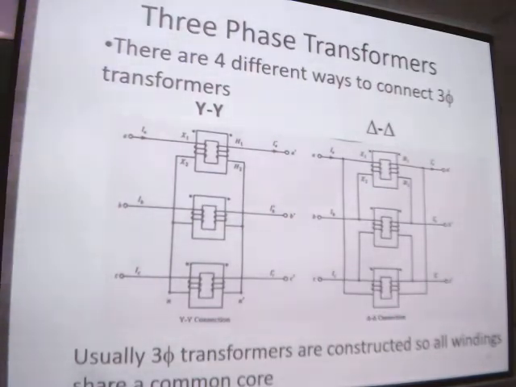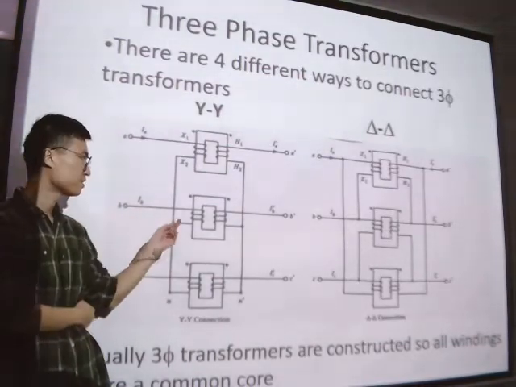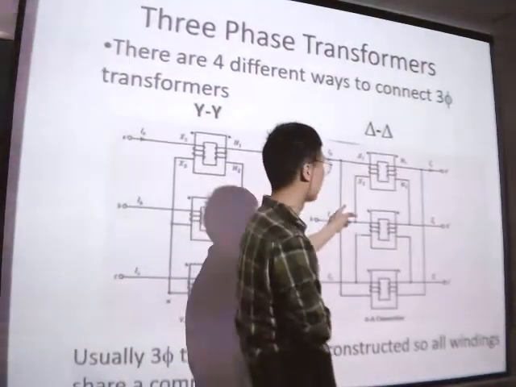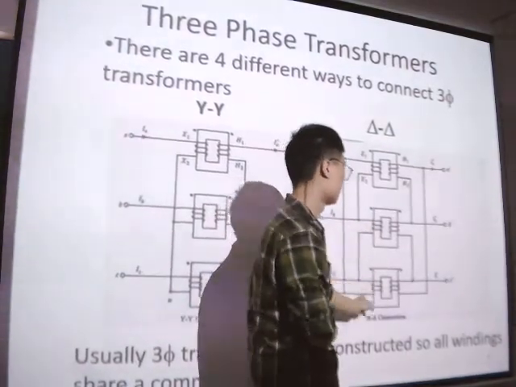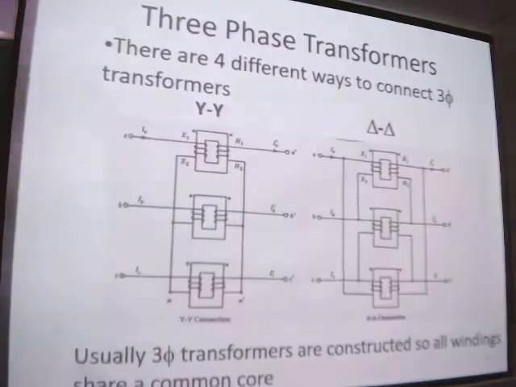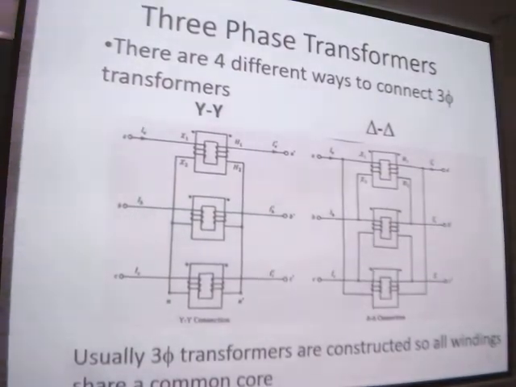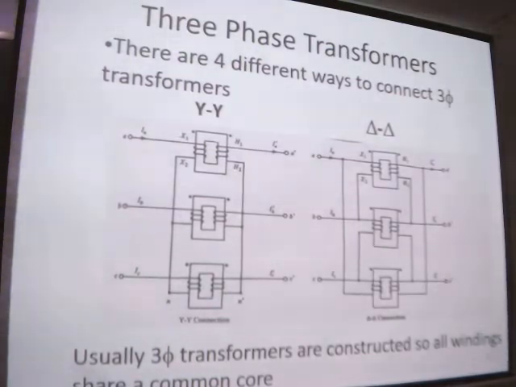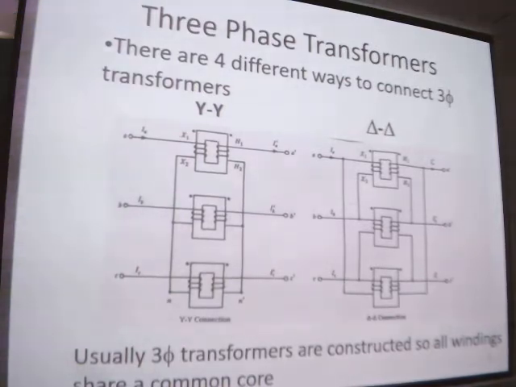So here we have 3 strings to connect the 3-phase transformers. You still remember the Y connection? There is the delta, delta, Y to Y and delta to delta. So this will be in our real world. In the way 3-phase transformers are connected, we will generally use one common core.